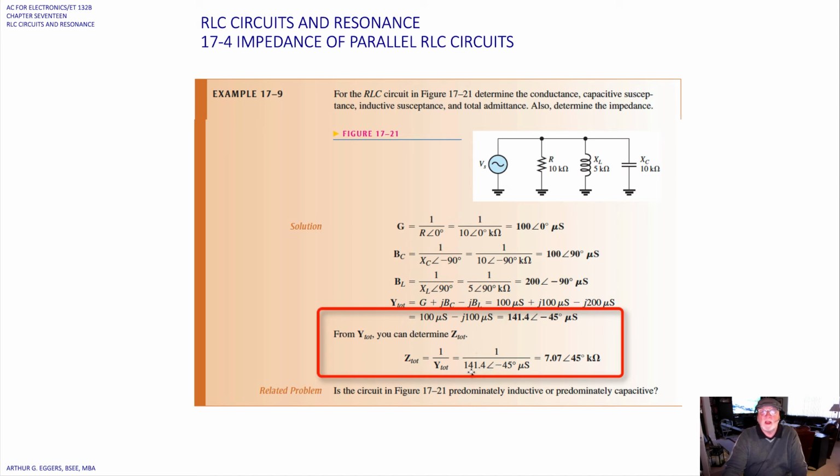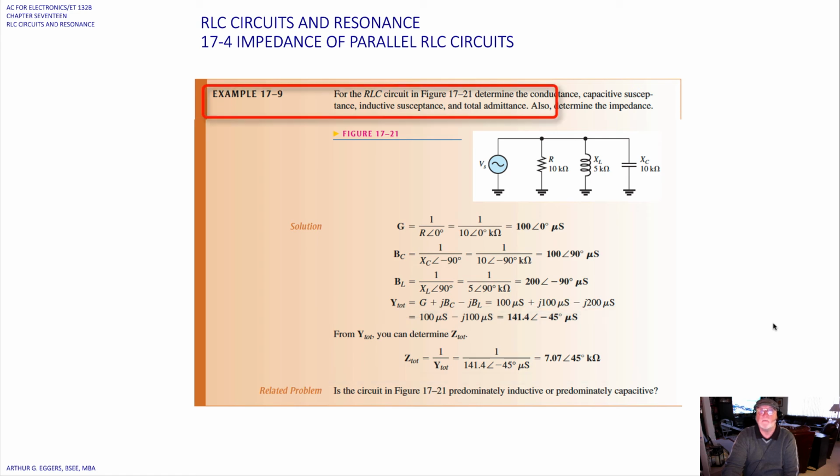So 141.4 inverted gives us 0.707. Moving the angle of minus 45 degrees into the numerator gives us a positive 45, and now we are in kilohms. So that was our conversion, using conductance, susceptance, and admittance to calculate, and then doing the inverse to gain the impedance value.